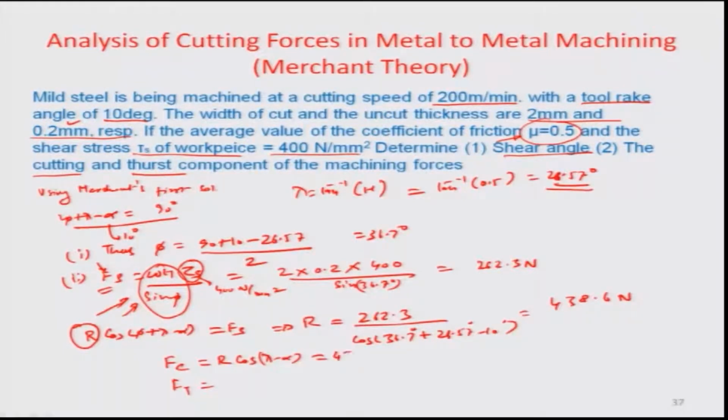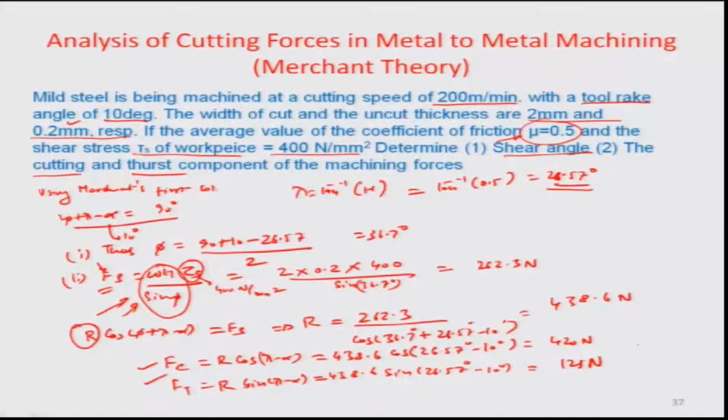So this becomes equal to 438.6 times cos of 26.57 minus 10 degrees, which is 420 Newton, and Ft becomes equal to R sine of lambda minus alpha, which is 438.6 sine of 26.57 degrees minus 10 degrees, which is equal to 125 Newton. So that is how you calculate the cutting force as well as the force tangential to the direction of cut.